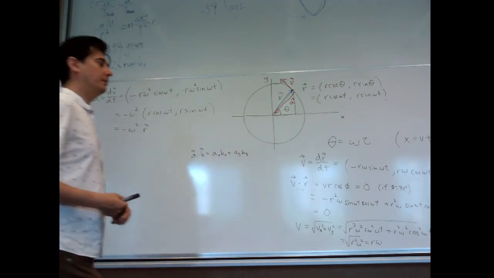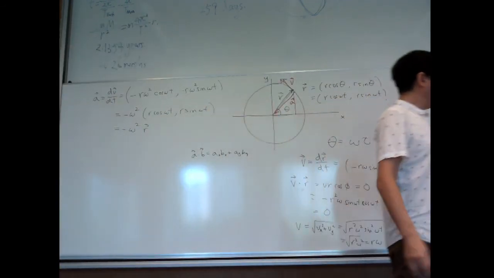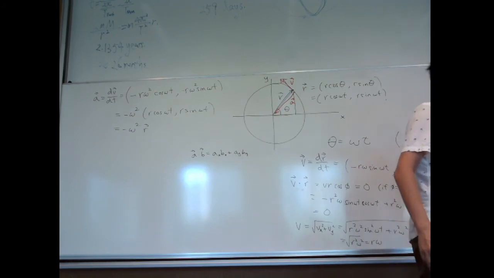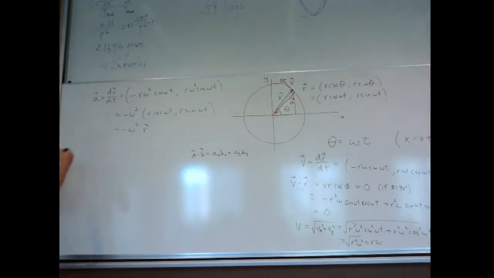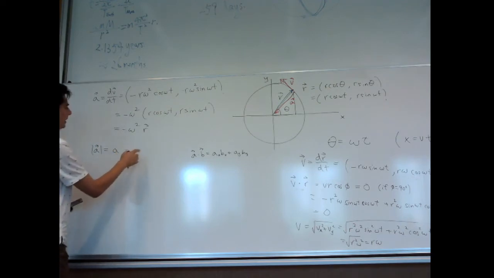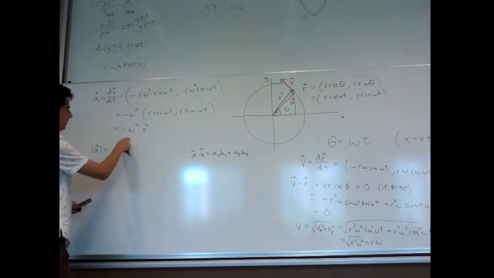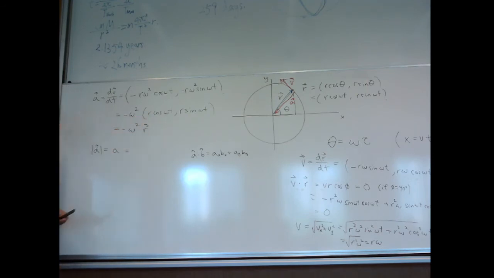Maybe this is the formula that you often see. But first, let's work out the magnitude of A. So the magnitude of the A vector, which is just A without the vector symbol. What's the magnitude of this thing here?